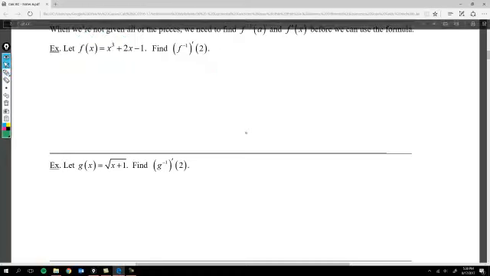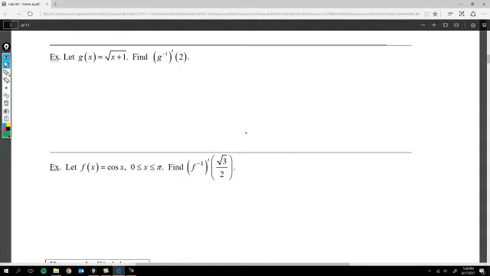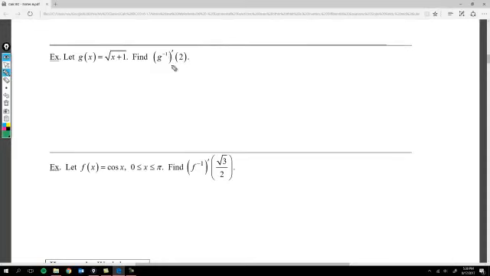Alright, let's keep going. Same deal here. They want us to find g inverse prime of 2, which again means that 2 is my y value. I need to find my x value. So I'm going to plug 2 in for y and solve for x. I end up getting 3, which means my point is (3, 2).